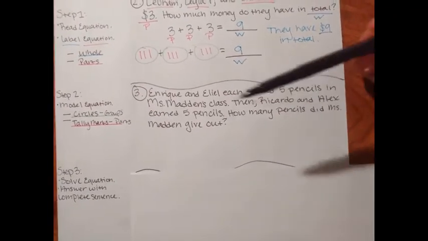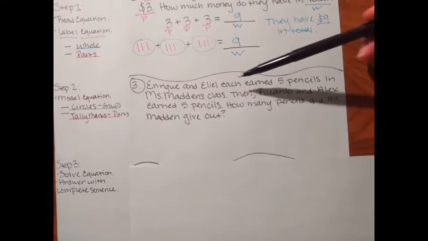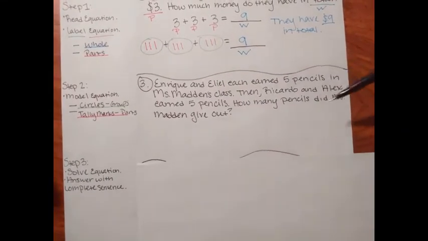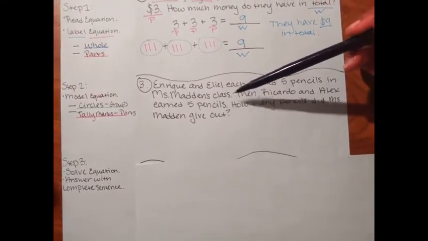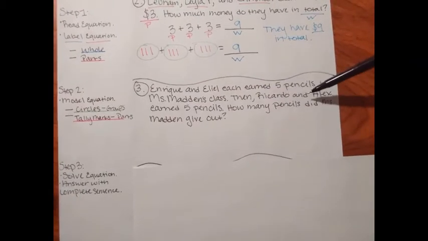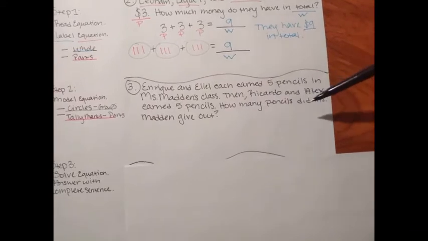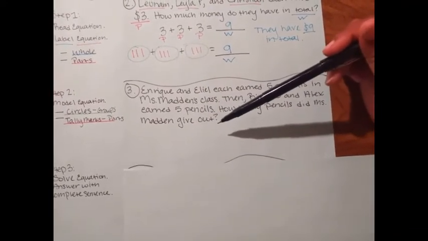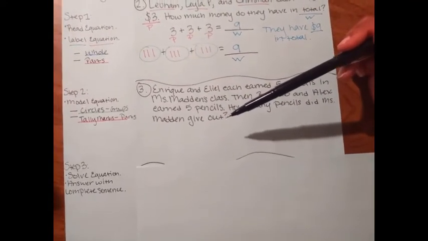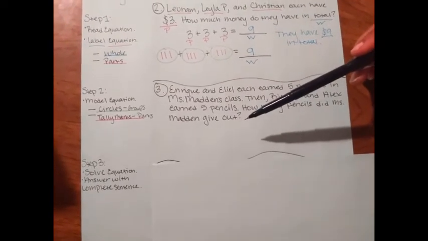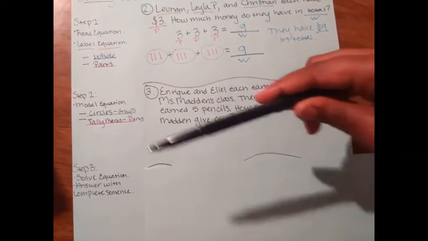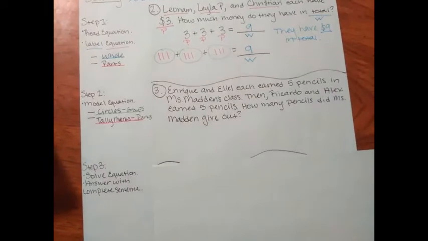Number 3 says, Enrique and Eliel each earned 5 pencils in Miss Madden's class. Then Ricardo and Alex earned 5 pencils. How many pencils did Miss Madden give out? You are going to solve this one all on your own. Please follow steps 1, 2, and 3.